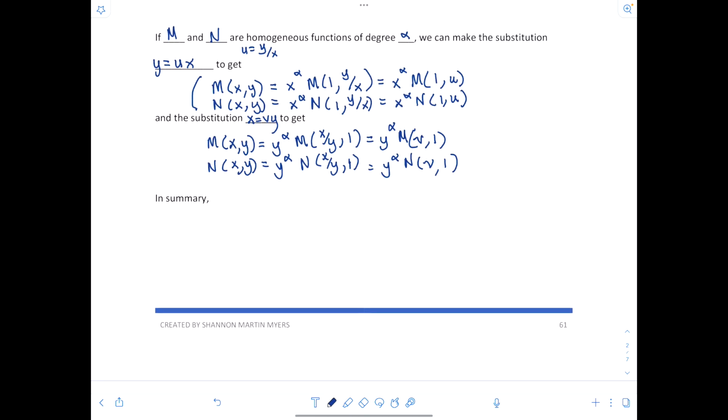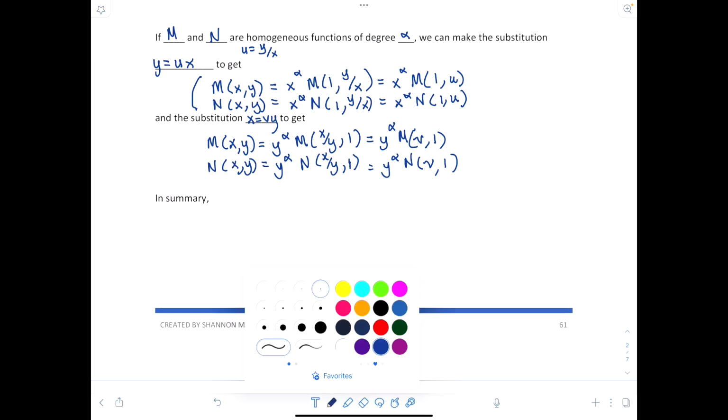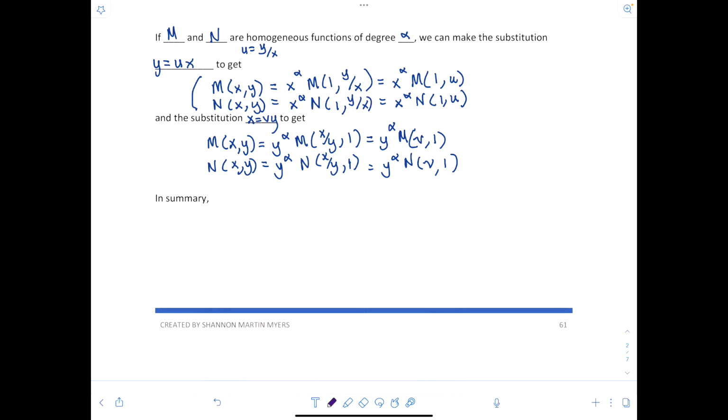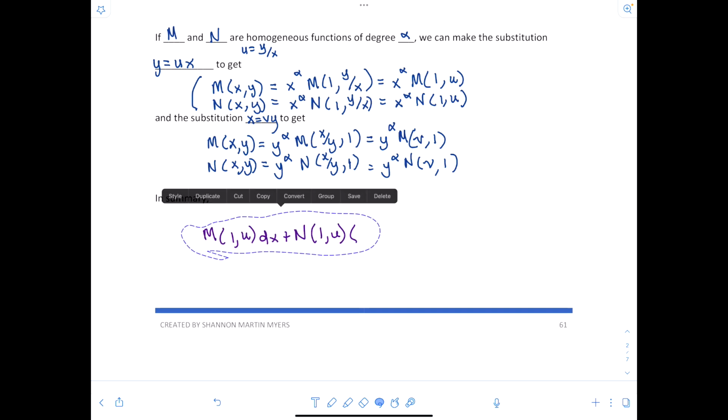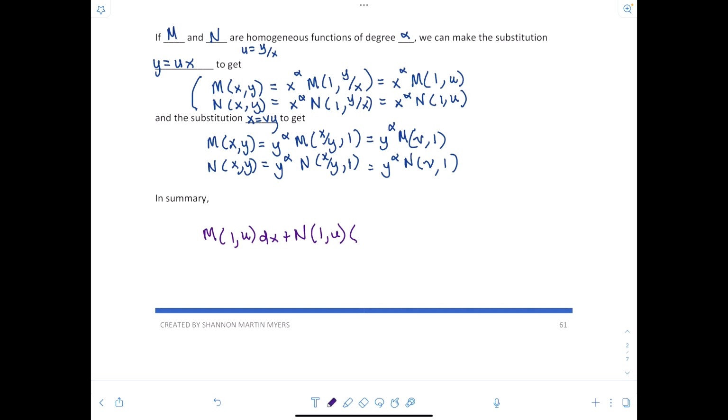So we would end up with M at 1 comma u dx plus N at 1 comma u times, so here we have that first substitution, which was y is equal to u times x.